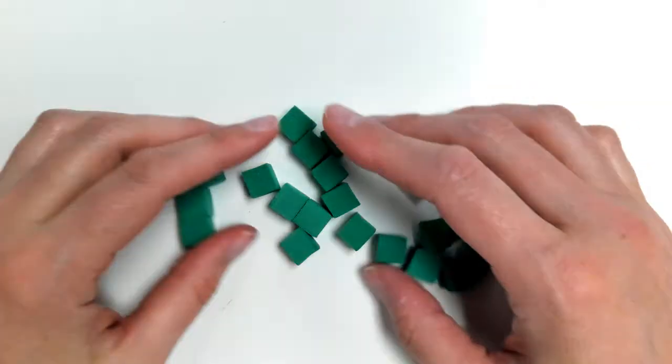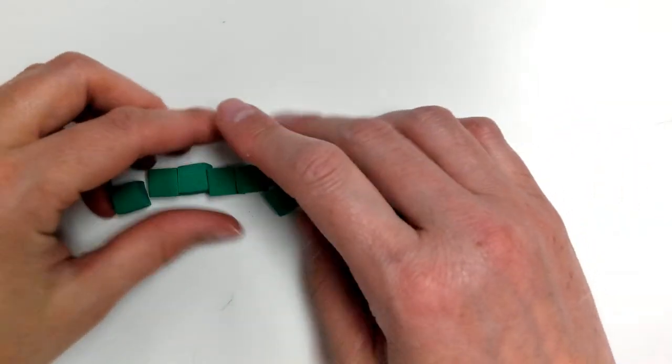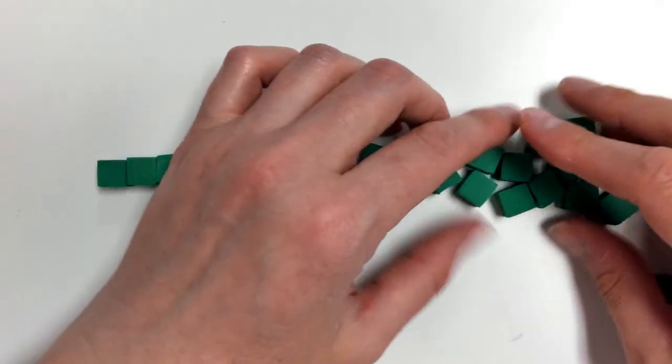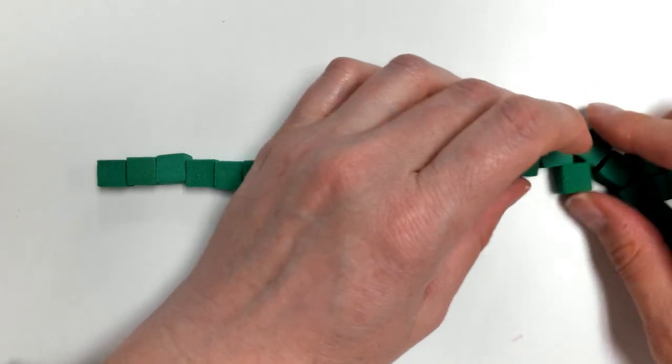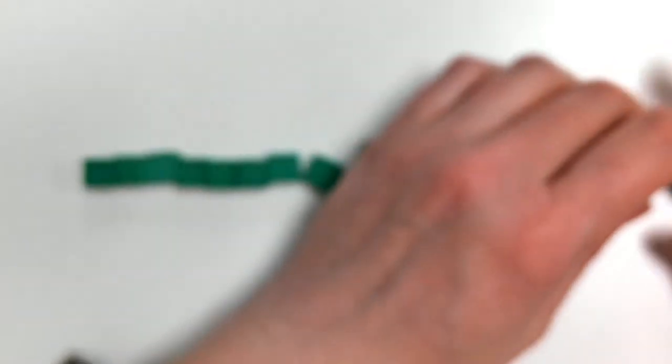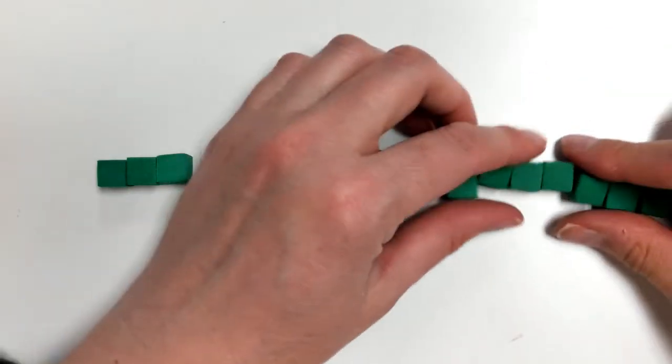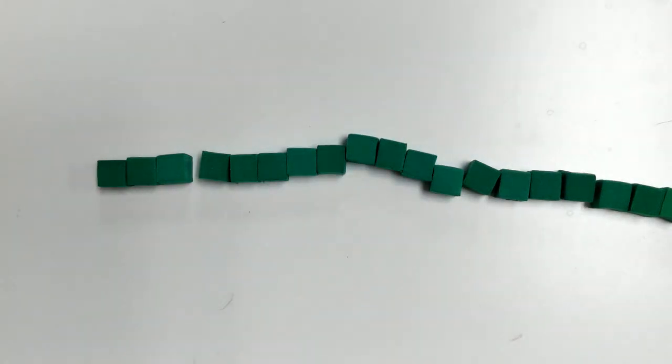Well, the first thing I could do is I could make one row of 24, right? Yes? I can make one row of 24. So I have one row of 24. What is that? All right, well, let's keep going.